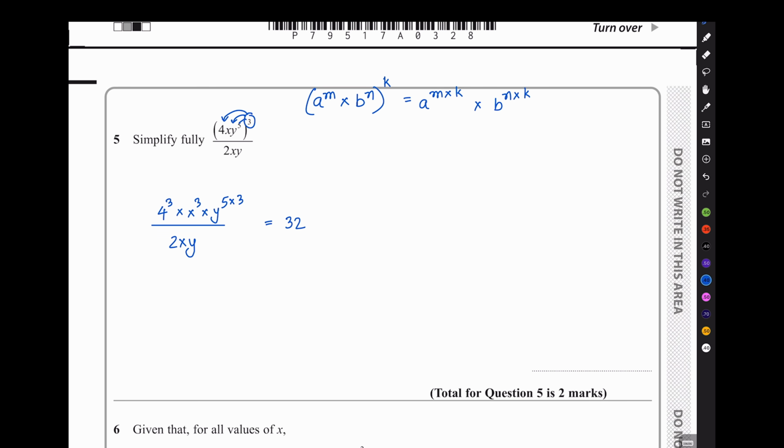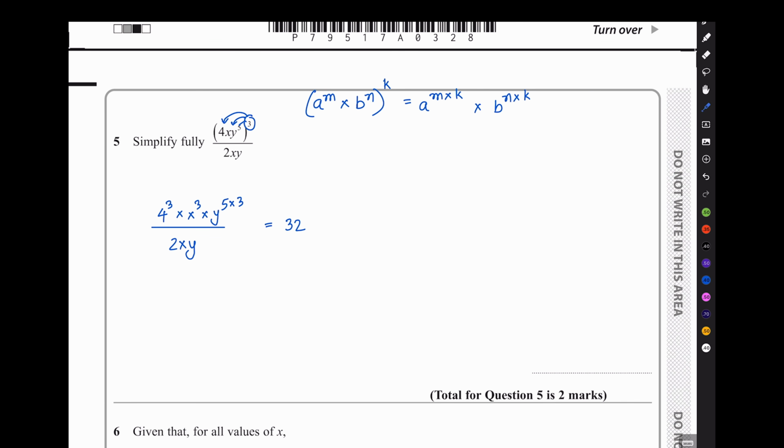Then x cubed, but there's an x below it, so one x gets canceled out, leaving x squared. For y, it's y to the power 15 at the top, but there's a y below it, so one y cancels out, leaving y to the power 14.